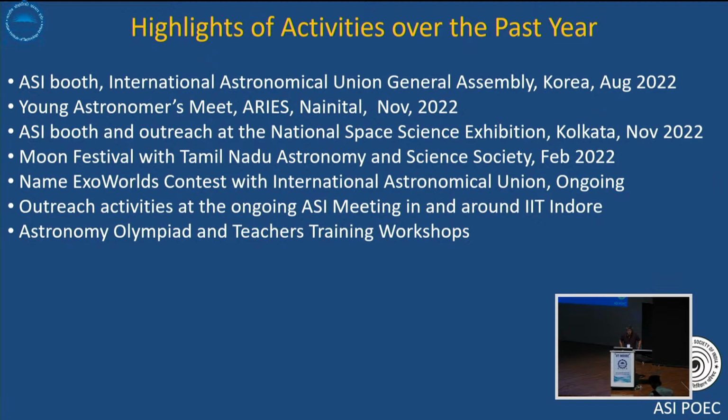I'll also highlight our activities at the Young Astronomers Meet held in Aries, at the National Space Science Exhibition held in Kolkata, as well as the Moon Festival. We don't have a report yet, but it's just concluded in Tamil Nadu, where we did outreach in the regional language. We're also involved in the International Astronomical Union Name an Exoplanet, ExoWorlds contest.